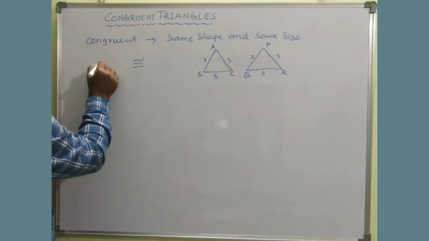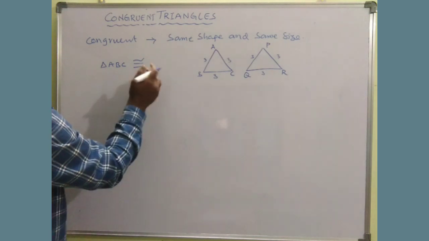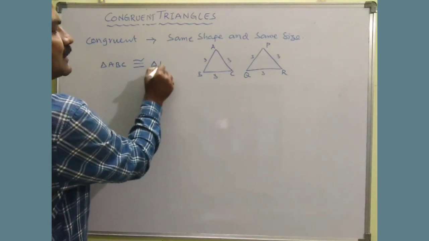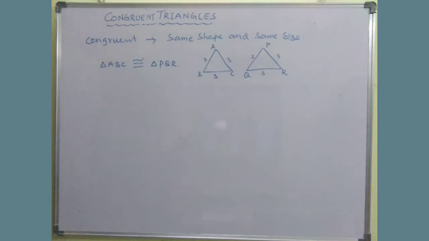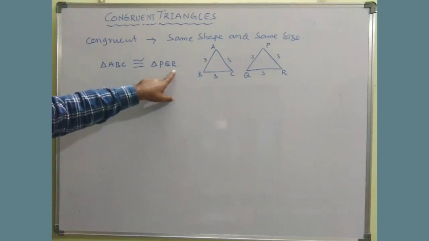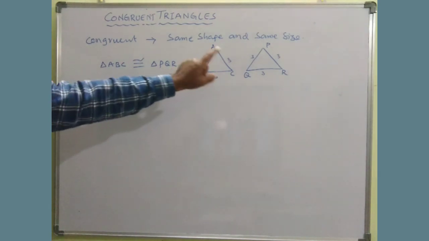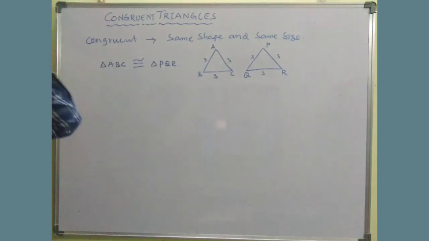I can say triangle ABC is congruent to triangle PQR. Read it as triangle ABC is congruent to triangle PQR, because both triangles have the same shape and same size, so we can say that the two triangles are congruent triangles.